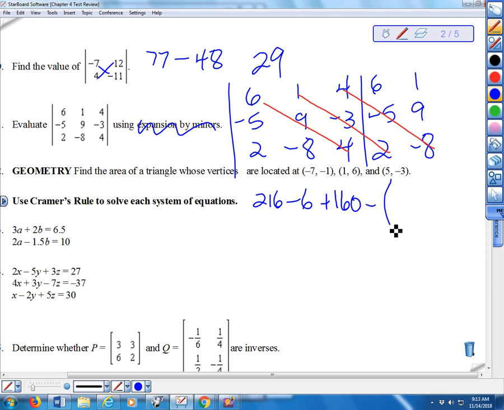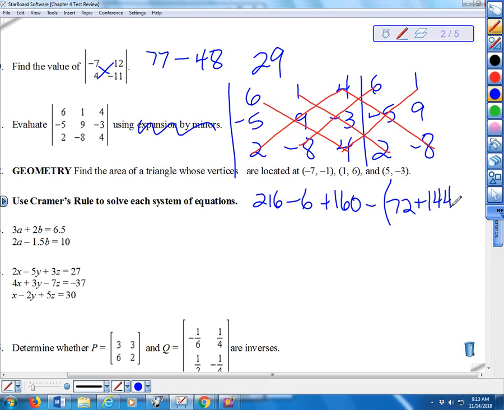Then I subtract this diagonal, this diagonal, this diagonal. So the first diagonal, 18 times 4. Second diagonal, negative 8 times negative 3 times 6. So this is 24 times 6. 144. I thought you said 44 the first time.